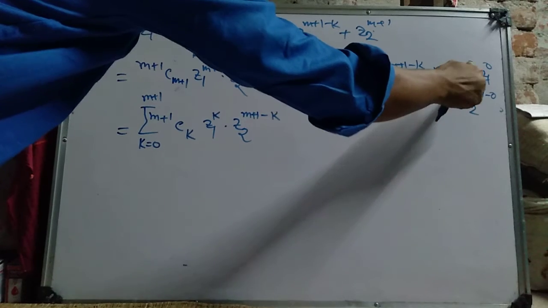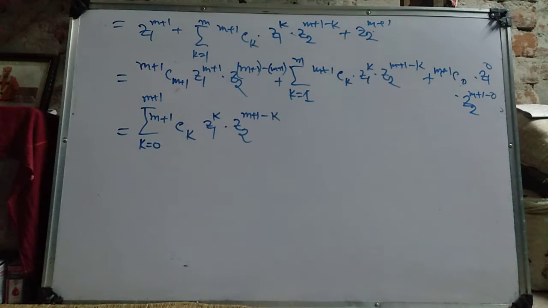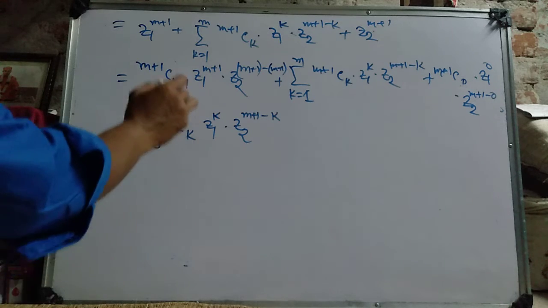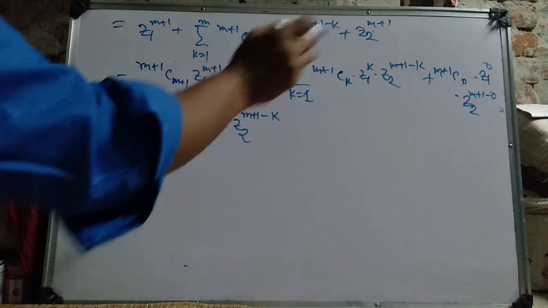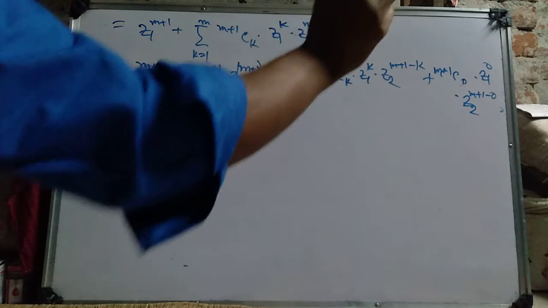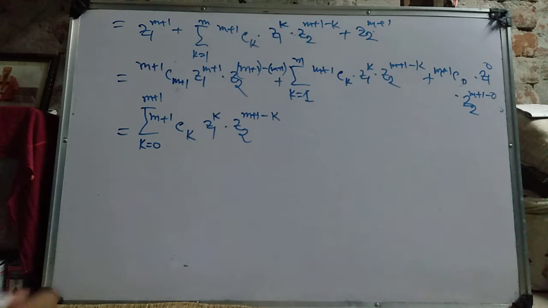Something is a mistake here, but not a problem at all, this one is sequential. Okay, m plus 1 Ck, here if k equals m plus 1 we put, then this one is okay, and if k equals 0 then this one is okay.